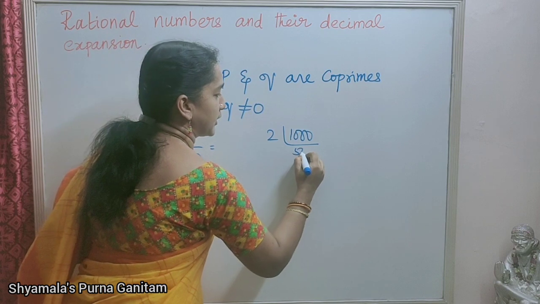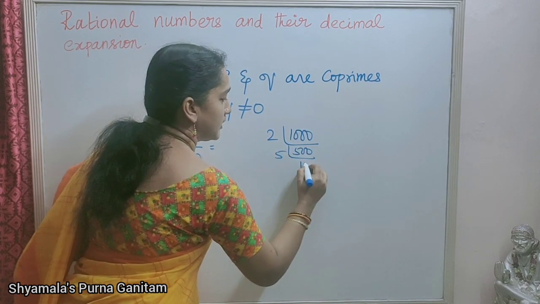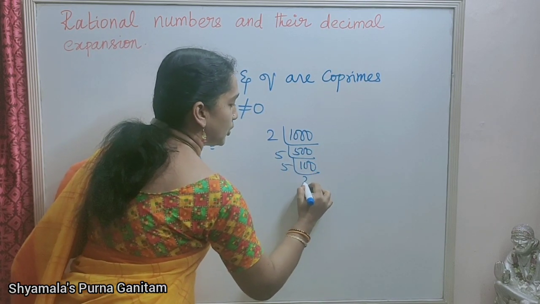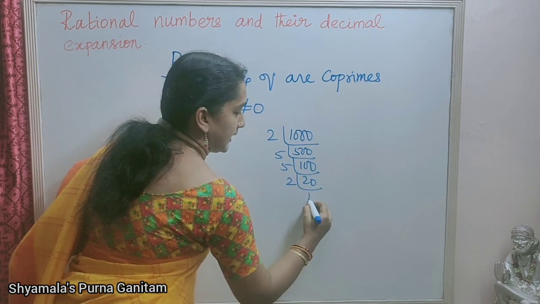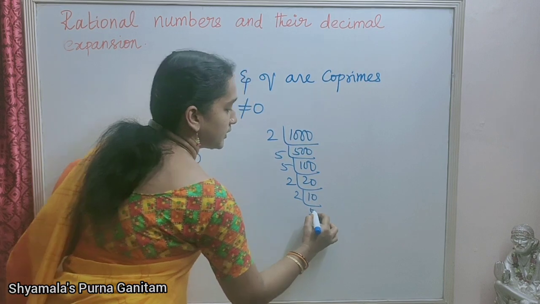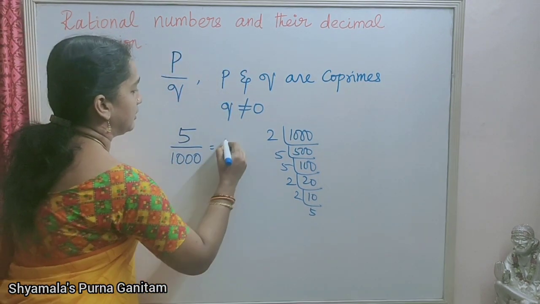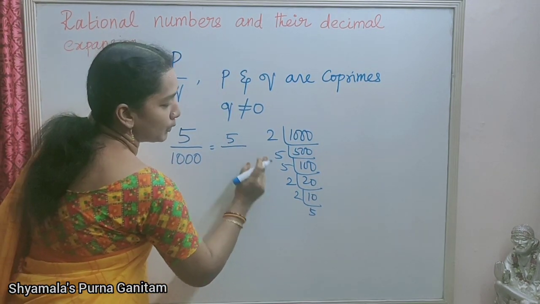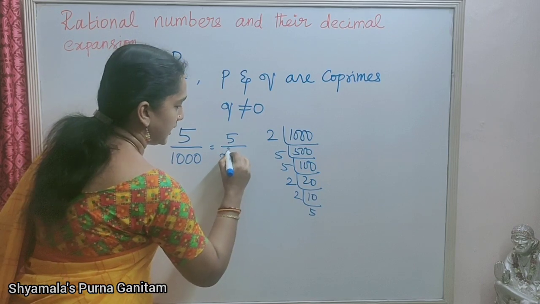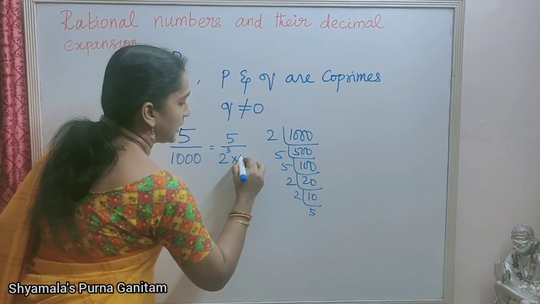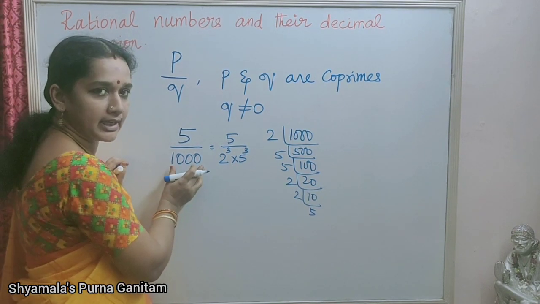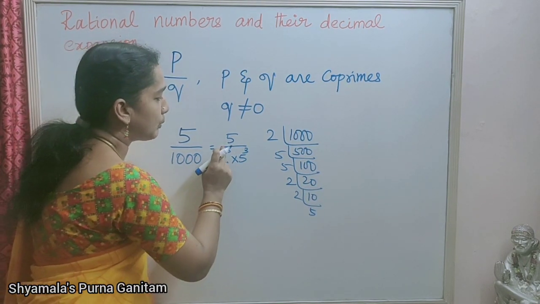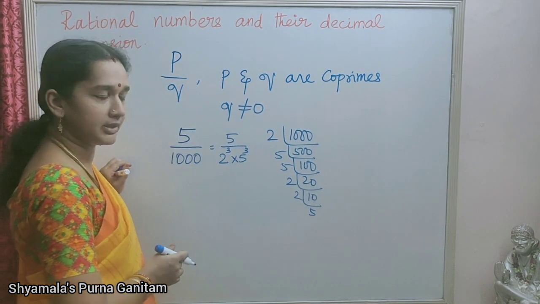You can write 1000 as 5 times 200, 5 times 20, 2 times 10, 2 times 5. You can write this as 5 by 2 power 3 into 5 power 3. You can write the denominator, that is the q value, as 2 power 3 into 5 power 3.